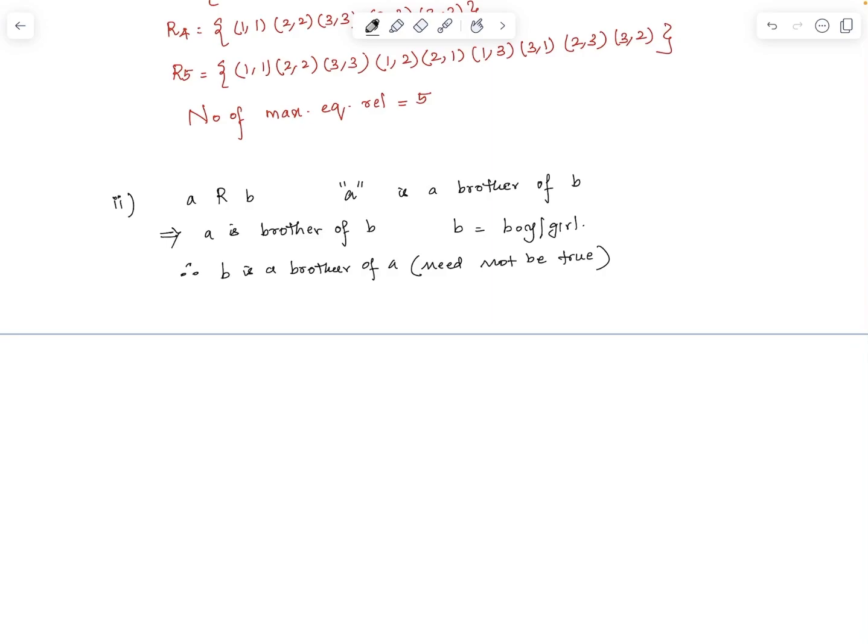If B becomes a boy, then this is true. If B becomes a girl, this cannot be true. Therefore, (B, A) does not exist in R. Therefore, R is not symmetric.